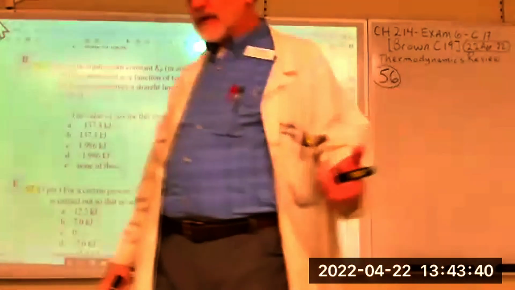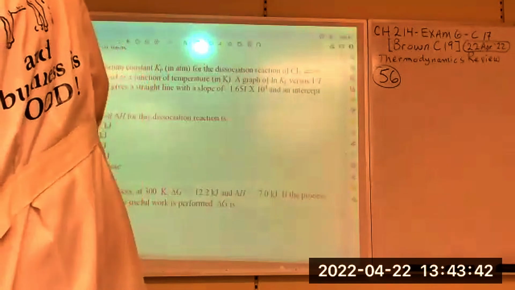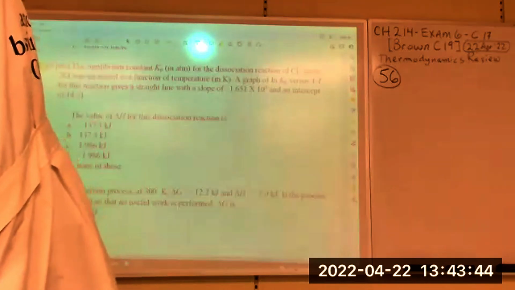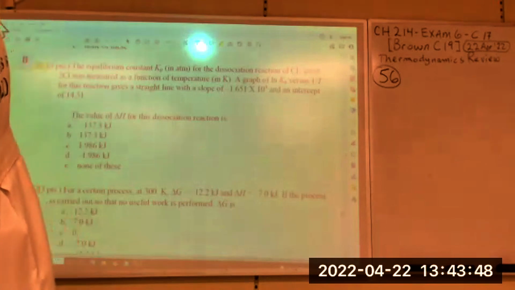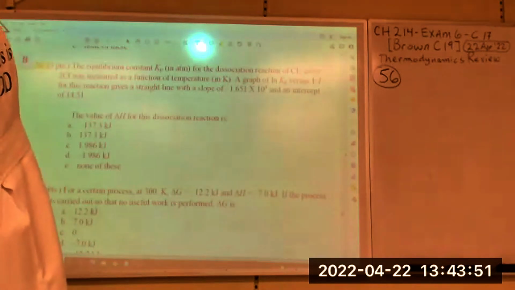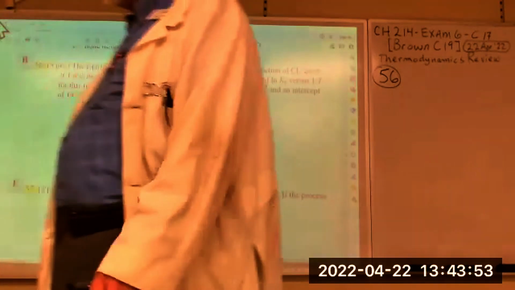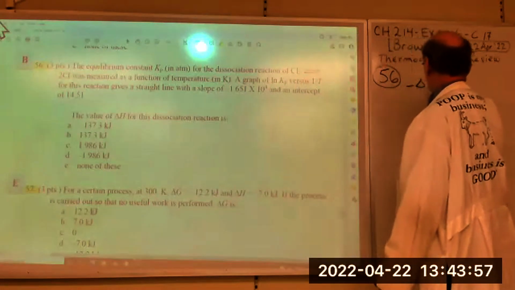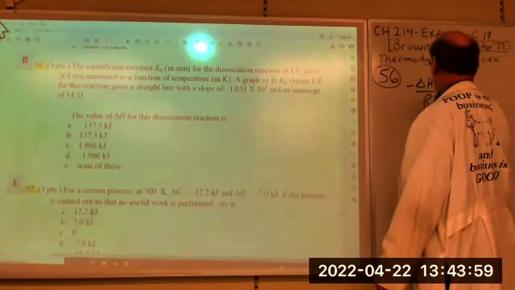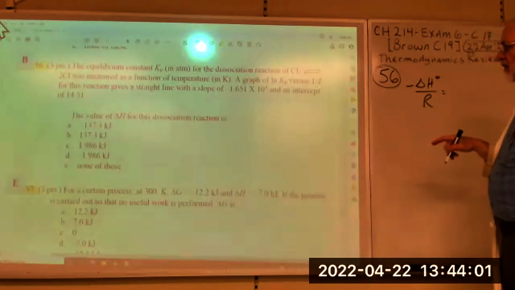So it's that same formula again, only we're using a different part of it. Negative delta H over R, that's equal to the slope.